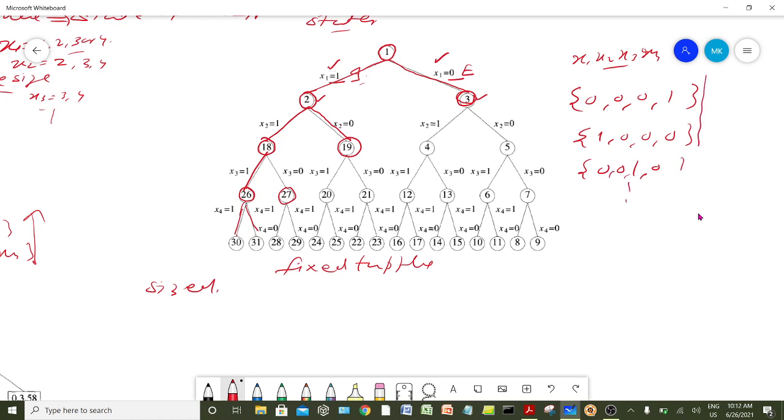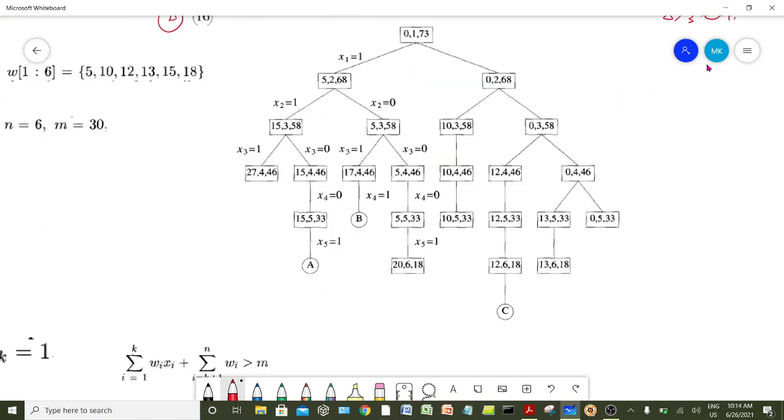So just observe that the tuple length here is fixed. So this is the fixed tuple size state space tree generation for solving your sum of subsets problem.